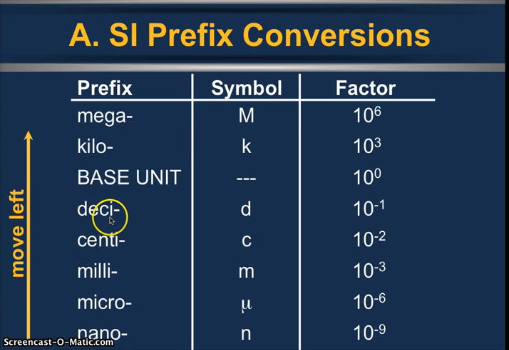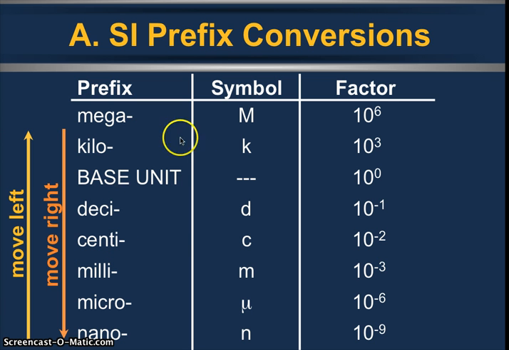If we were going to go from deci down to centi, we would move our decimal to the right because we're moving down the chart from deci down to centi. And we do -1 minus minus 2, so -1 plus 2, which is +1. Okay, so we'd move our decimal 1 space to the right.